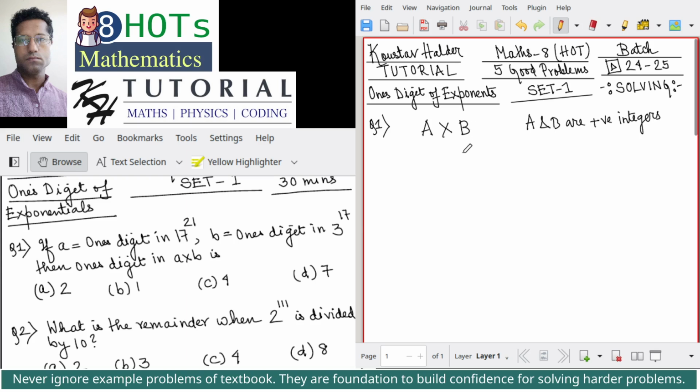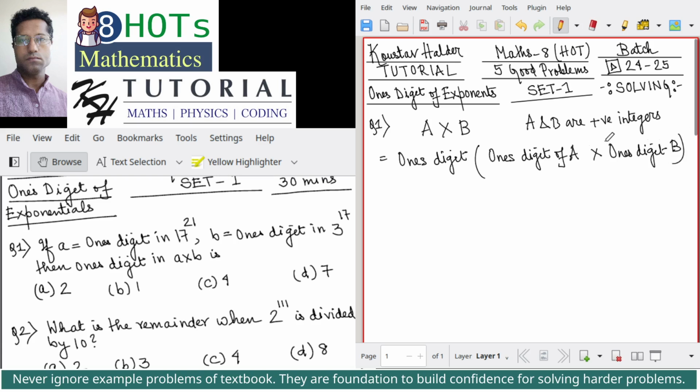If a and b are positive integers, then the ones digit of the product a times b will be equal to the ones digit of the product of the ones digit of the number a multiplied by the ones digit of b.